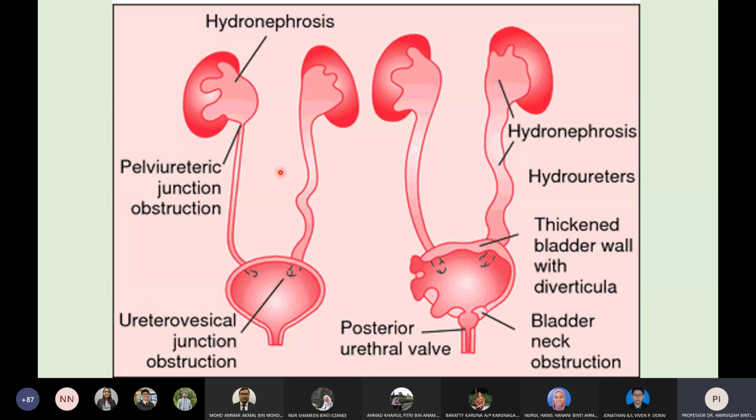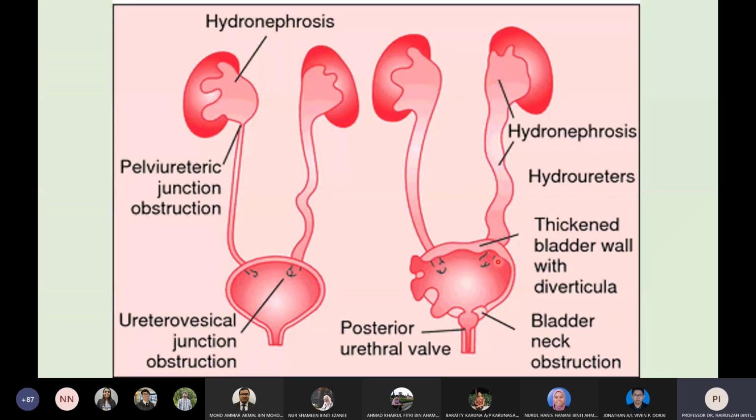This one is when you have more bilateral involvement. The obstruction is usually lower down. Posterior urethral valve abnormalities, atresia or stenosis, or any bladder neck obstruction due to prostatic enlargement, benign or malignant, more often benign, right? Or you have diverticula of the bladder.